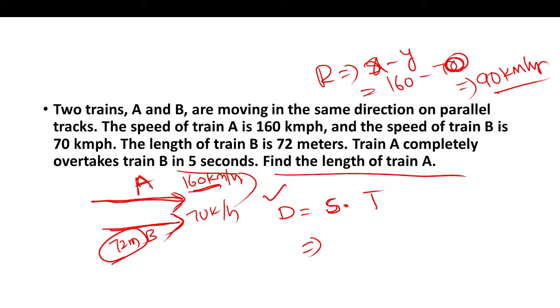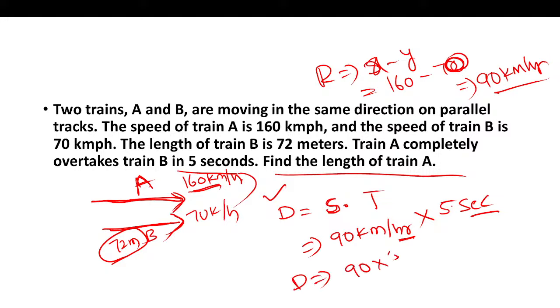So S is equal to 90 kilometer per hour, and it is crossing train B in how many seconds? Only 5 seconds. Here distance in time is in seconds, here it is hours. Units must be the same all the time. For that purpose I will convert this 90 into 5 by 18 meter per second, into 5 seconds.